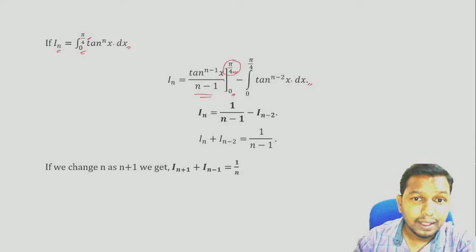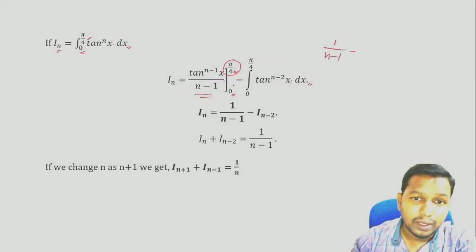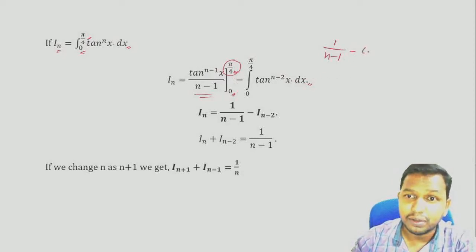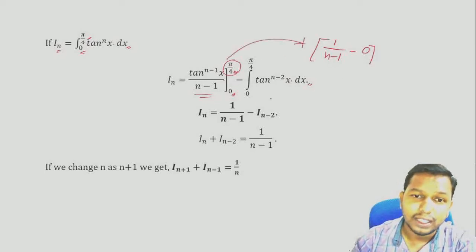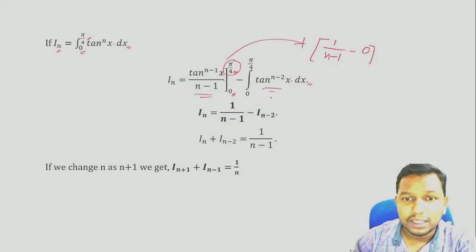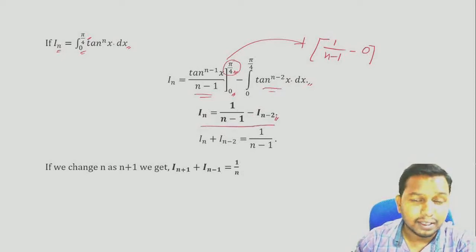Therefore, by the upper limit we get 1 divided by (n minus 1), minus the lower limit, which is 0, since tan 0 is 0, and 0 to the power anything is 0. Therefore, this value is only 1 divided by (n minus 1), and the other term is minus I_(n-2). So we get I_n is equal to 1 divided by (n minus 1) minus I_(n-2).